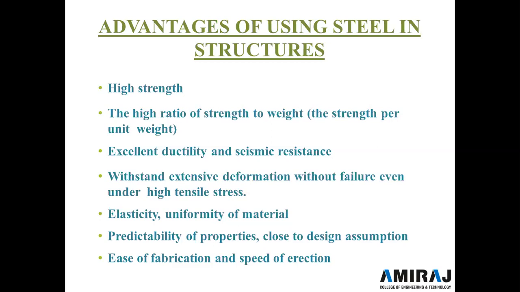So prefabrication, and also demountability. Connections using these types of members, which are welding, bolting, riveting, can be done easily, right? Structural steel is generally used in load bearing frames in buildings, in truss members and also bridges.